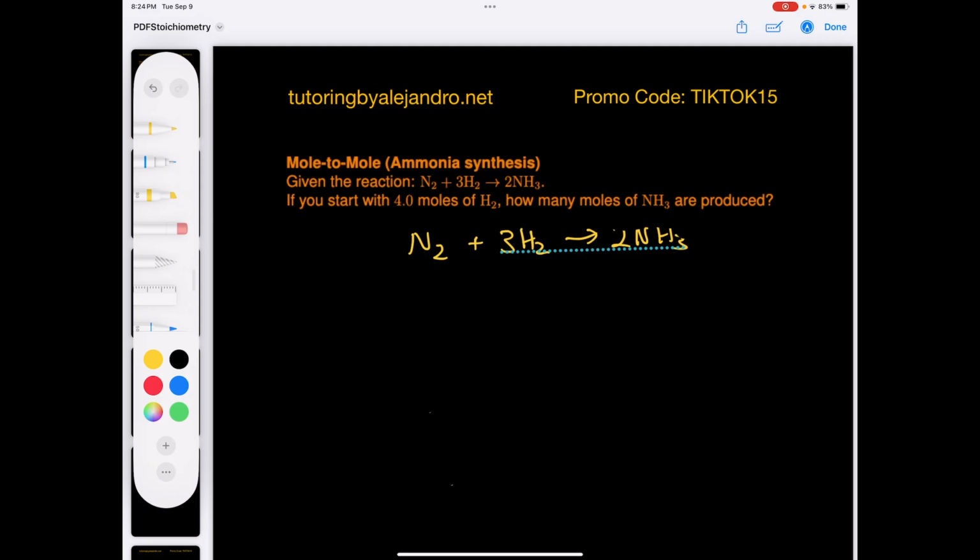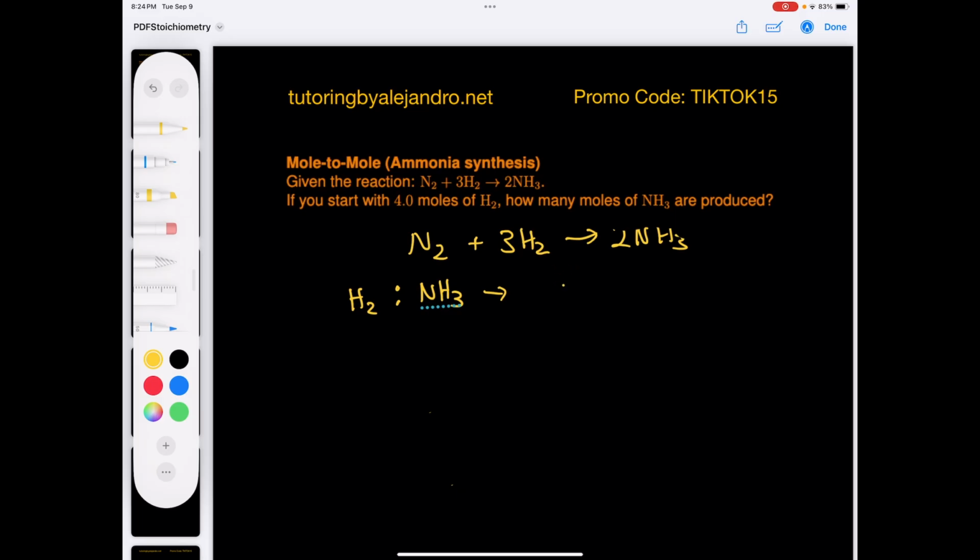So we are starting out with 4 moles of hydrogen. How many moles of NH3 are produced? We want to build a ratio of hydrogen to NH3. A mole ratio is kind of like building a unit factor. You may have watched my video on unit factors.